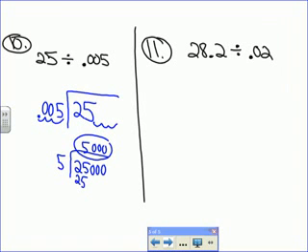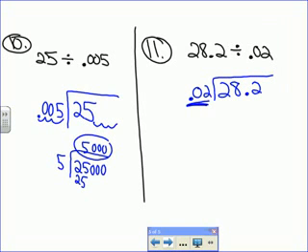Just stop me if I'm going too fast. Let's take a look at this one. So in order to make this a whole number over here, I got to move it how many places? 2. And you just got to always kind of think of these 2 as being connected. If you move one, you got to move the other one the same number of places.